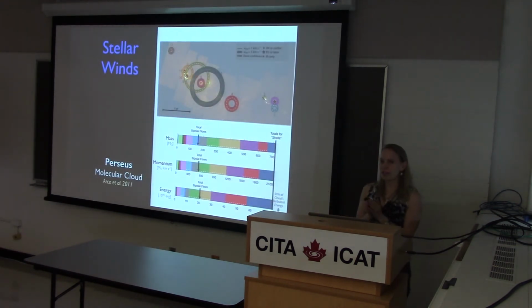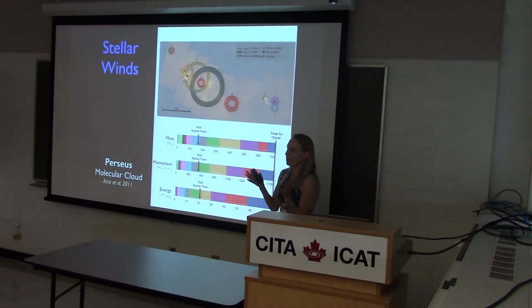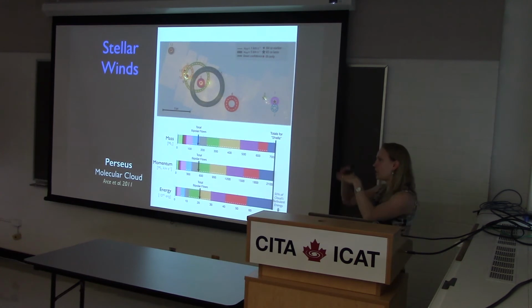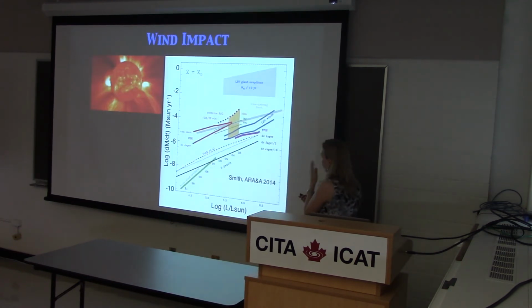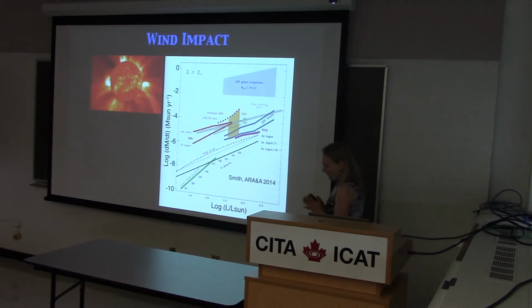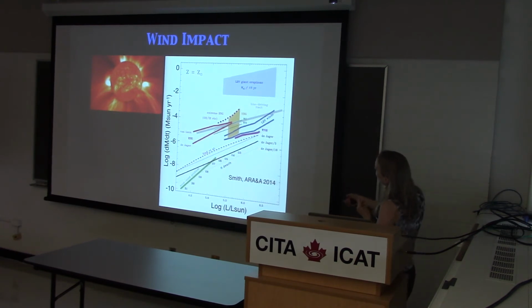Their idea for this was that, all right, these are created by B-star winds. There are no massive stars in Perseus, so some kind of intermediate mass star. It might be a little bit older. Maybe it's a star that's wandered into the cloud with a wind, and these are actually creating these large shells. All right? So if you're not familiar with the distribution of mass loss rates for stars, there's a beautiful review article by Nathan Smith, which summarizes not only main sequence winds, but also winds from more evolved stars.